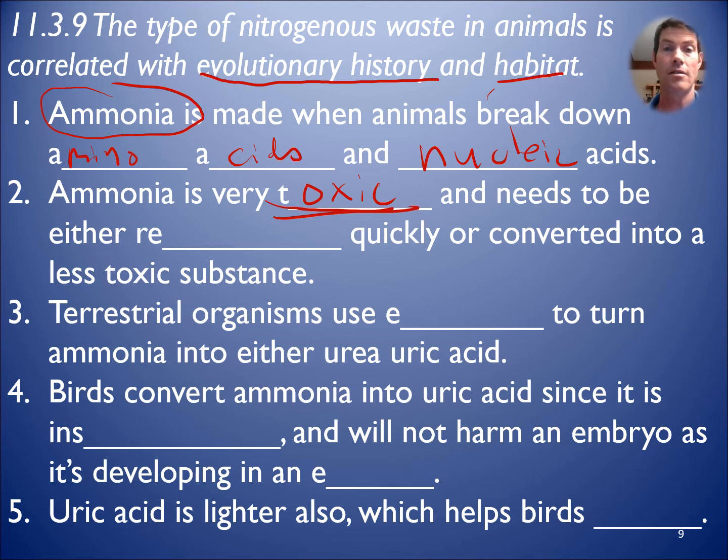So you've got to either remove it, like we talked the other day, fishes can remove it very easily, or you need to convert it to something that's not as dangerous. So terrestrial organisms use energy. Fish don't have to use energy, they just get rid of it, but we need to convert that into urea or uric acid.